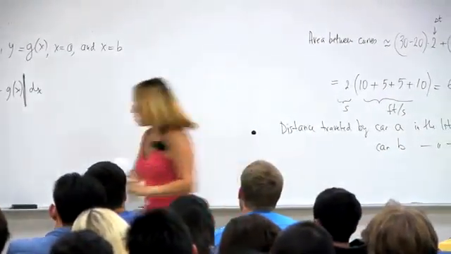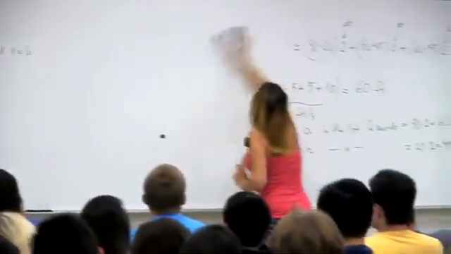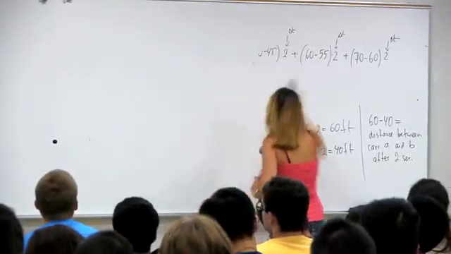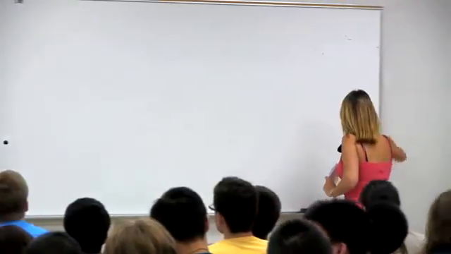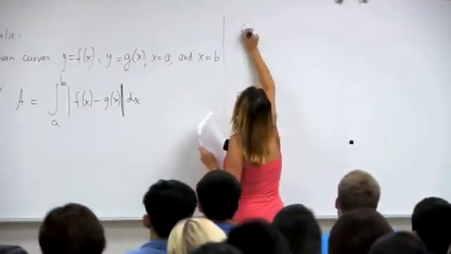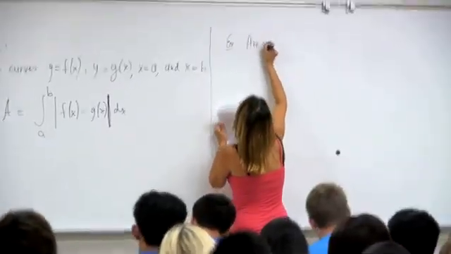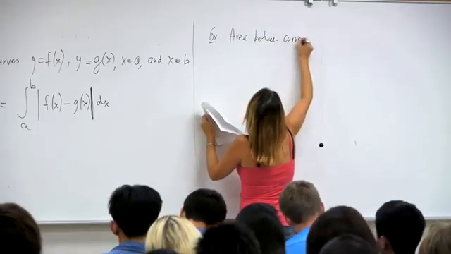Fine. So the last example is not dealing with functions, but with a more general object. And let me show you. So calculate area between curves.